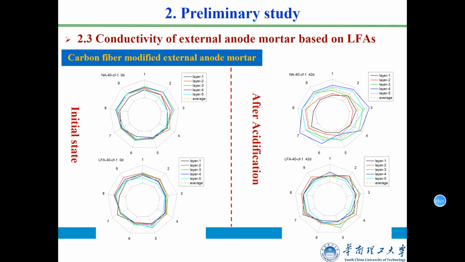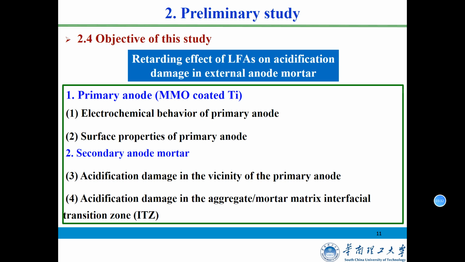Therefore, the above prepared lightweight functional aggregates can potentially be used to prepare the high-performance external anode mortar for cathodic protection. To this end, the objective of the present study is to investigate the retarding effect of the lightweight functional aggregates on acidification damage both for the primary anode and the secondary anode mortar.